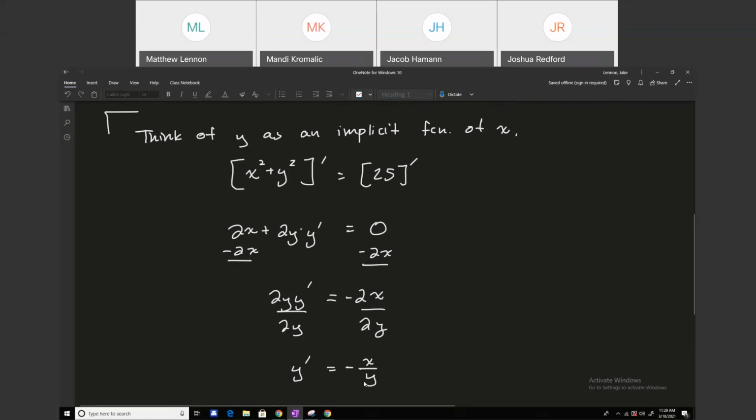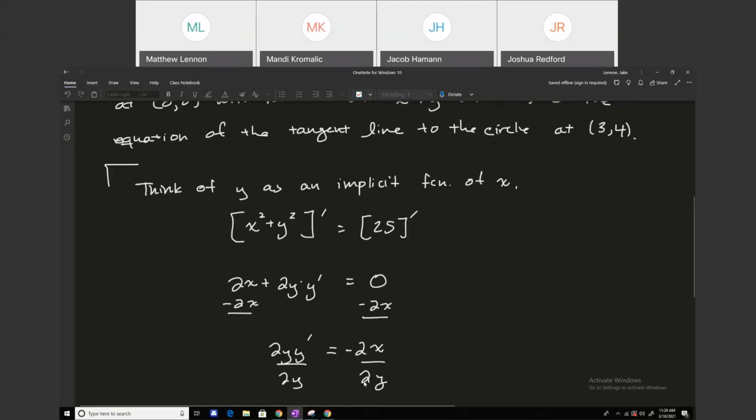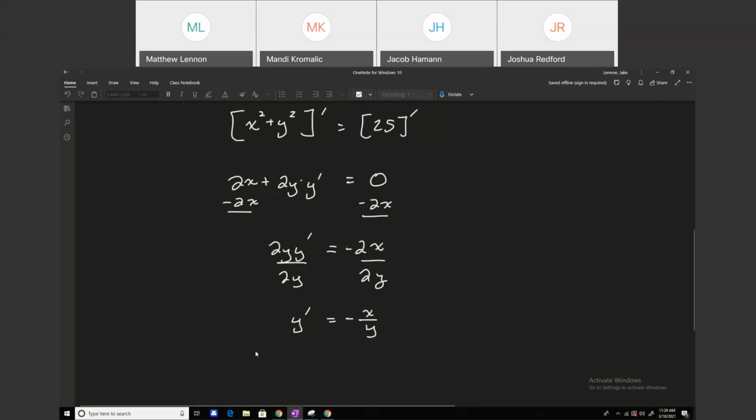So we plug in that point 3, 4: 3 for x and 4 for y. So the slope of the tangent line at 3, 4 is negative 3 divided by 4.